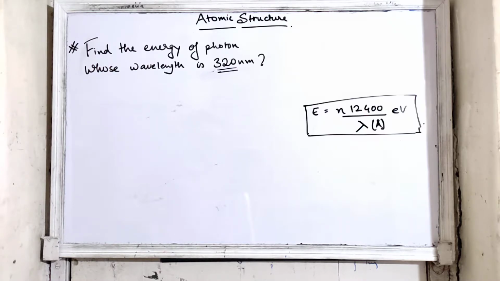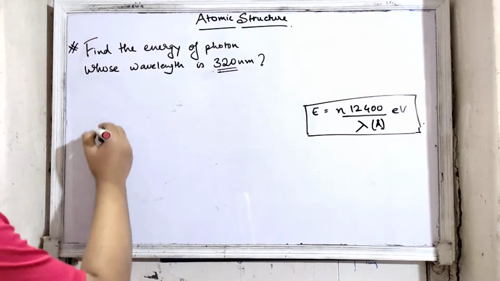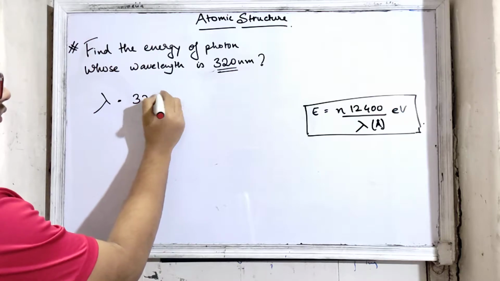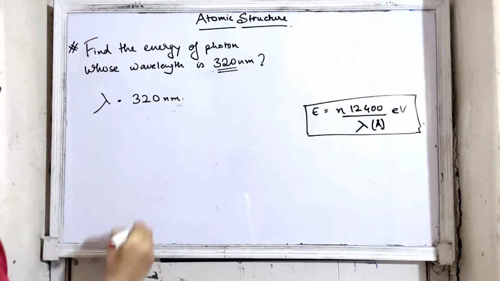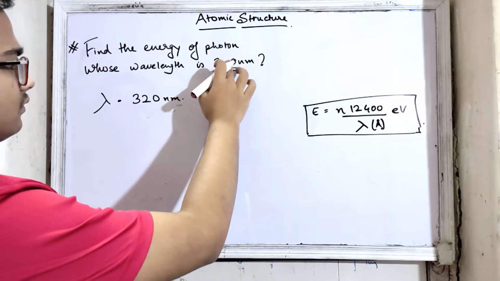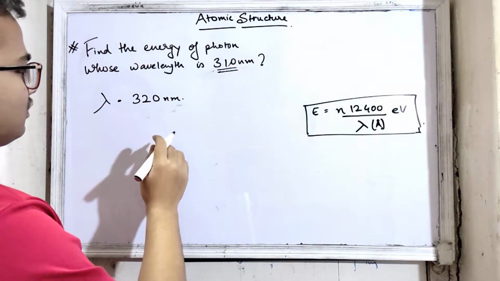Okay, so let's begin. So what is given? Lambda equal to 320 nanometer, right? Let's take it 310 instead, calculation will be easier.